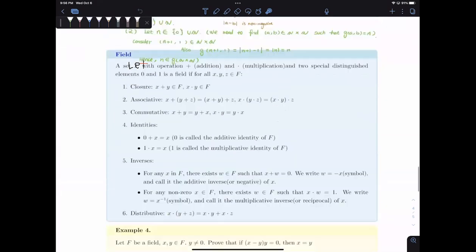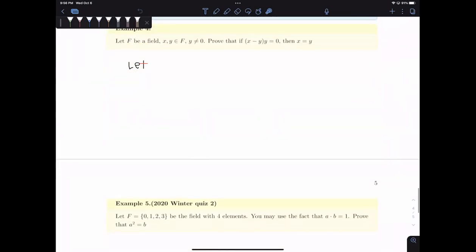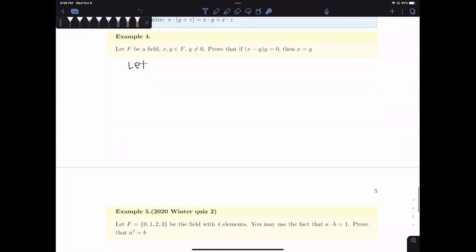Example 3 was this. Back to here. Question.